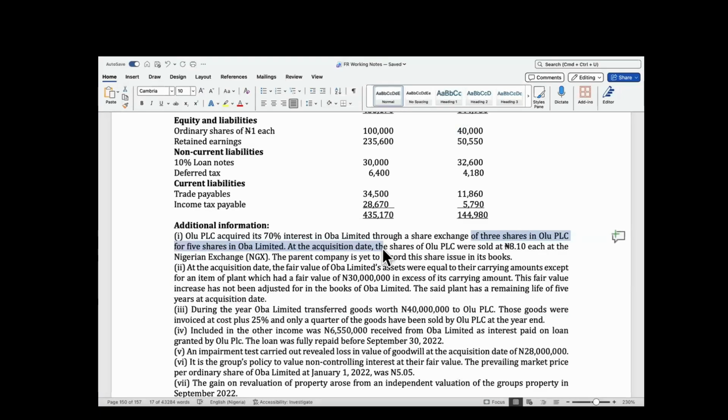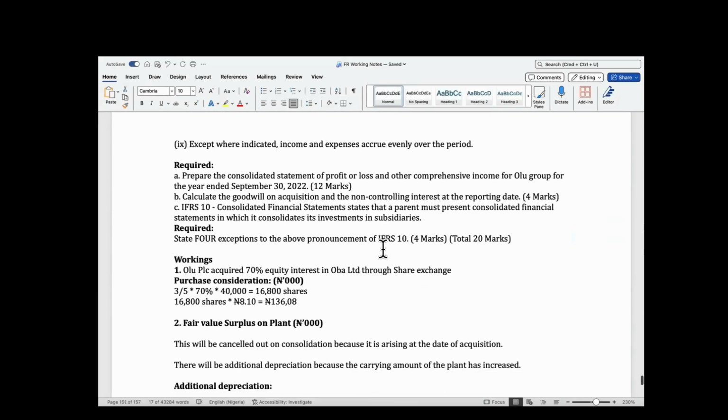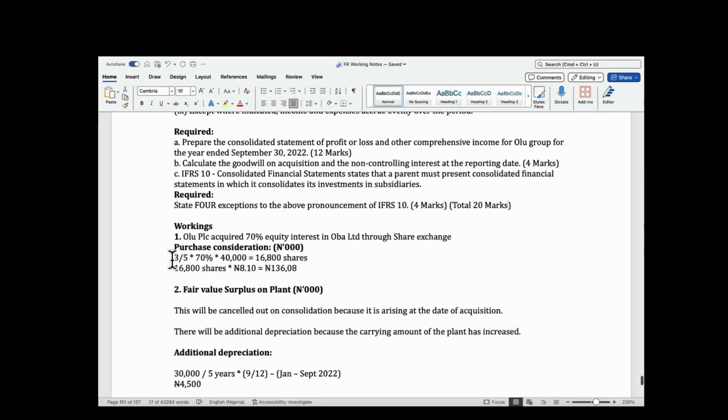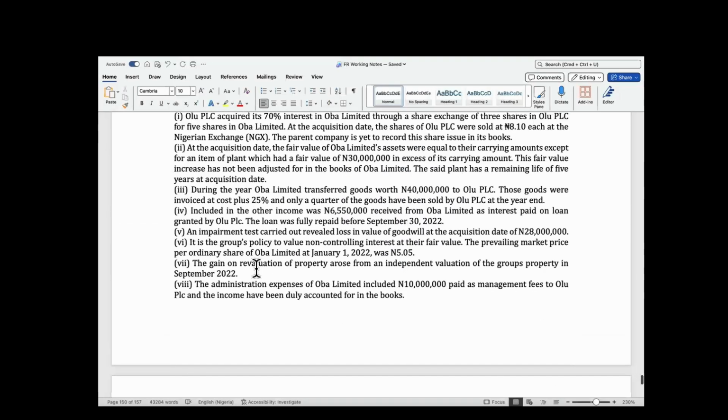So what I acquired in Oba is 70% of the total number of shares, then 3/5 of that. Then I'm giving him 16,800 shares. I would measure that at my share price, since I am the parent. They gave us a share price of 8 naira.